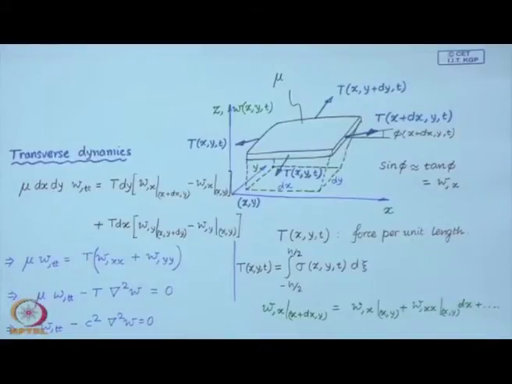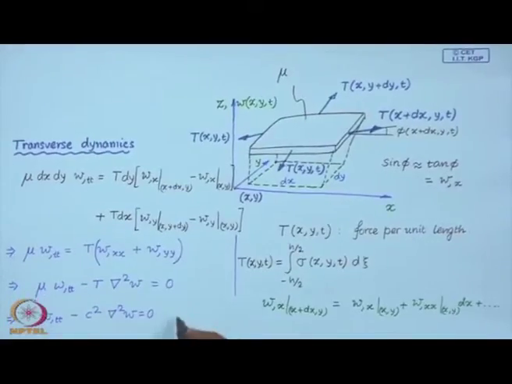where this C, once again looking at the structure of this equation and the dimension of this quantity, has a dimension of speed. So, this is the speed of transverse waves in the membrane.